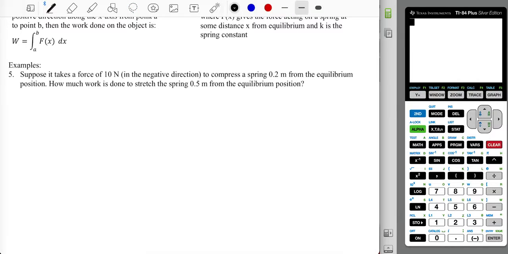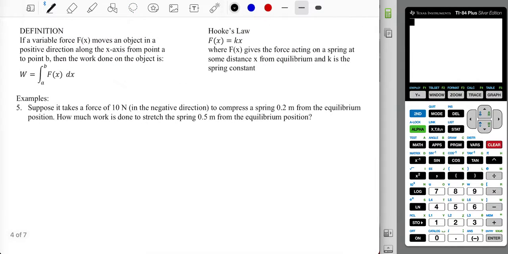So I'm going to work off of the work formula, but I'm going to make a substitution. Using Hooke's law in conjunction with this definition of variable force, the variable work formula, we would say k times x dx is the definition of work as it applies to a spring.